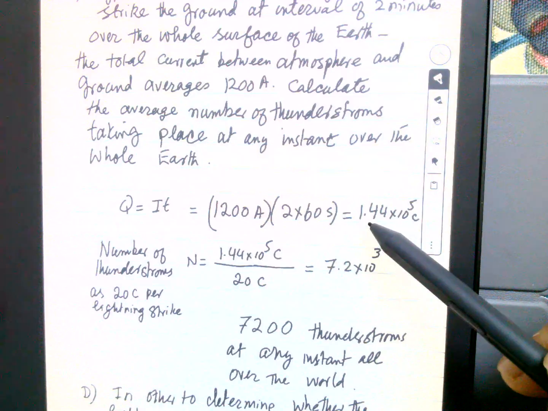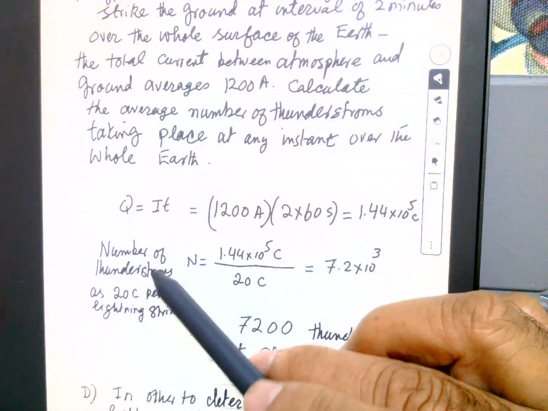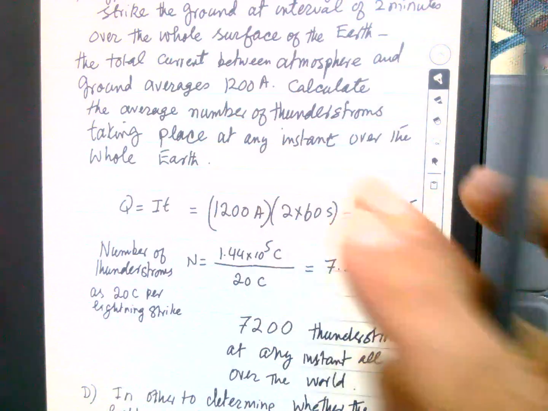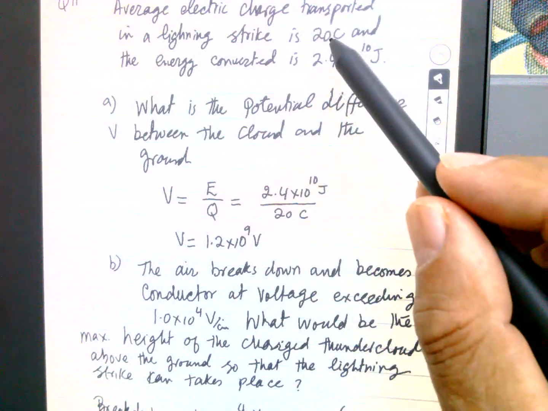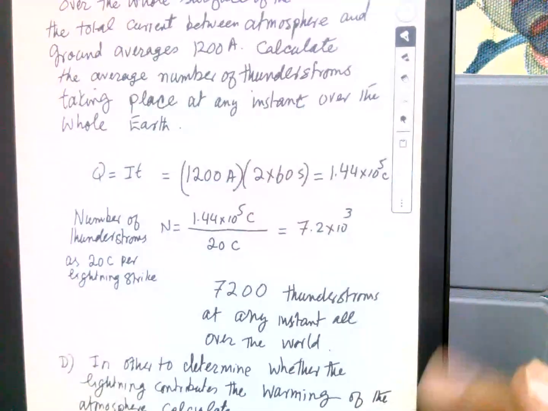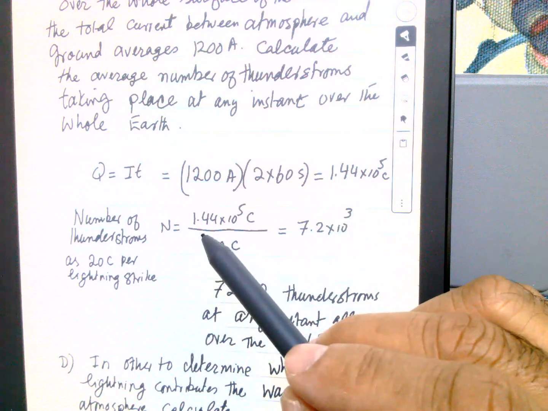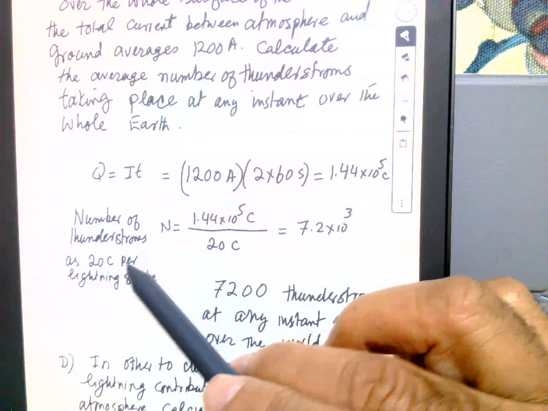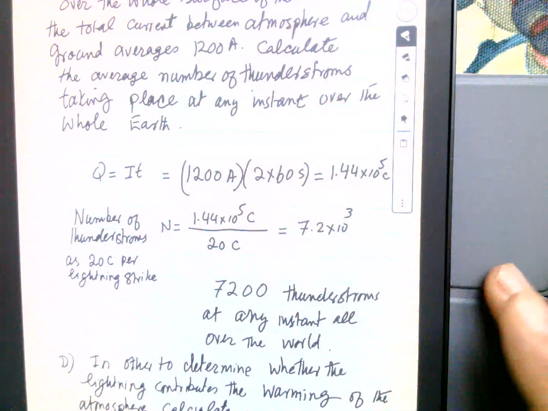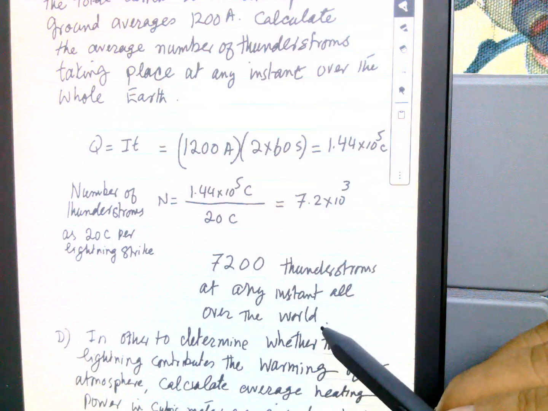So the total charge is 1.44 × 10^5 coulomb. The number of thunderstorms is the total charge divided by 20 coulomb, which is 7.2 × 10^3, at 20 coulomb per lightning. So 7,200 thunderstorms are happening at any instant all over the world.